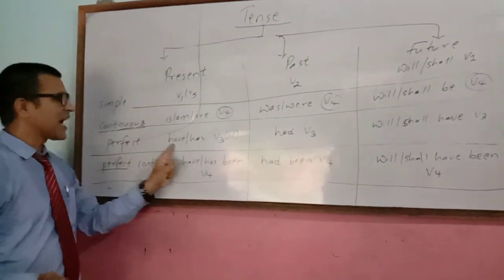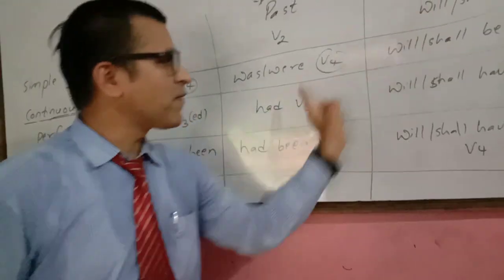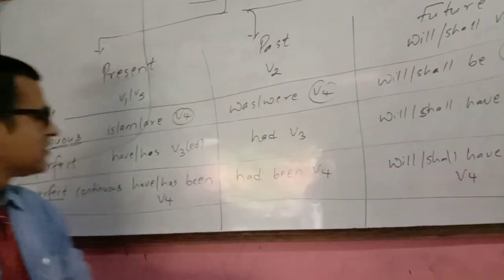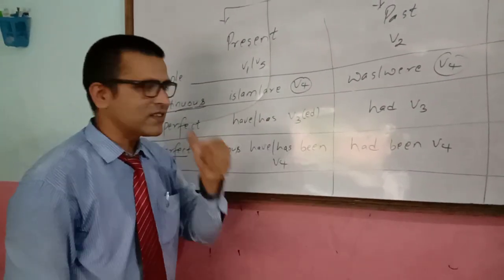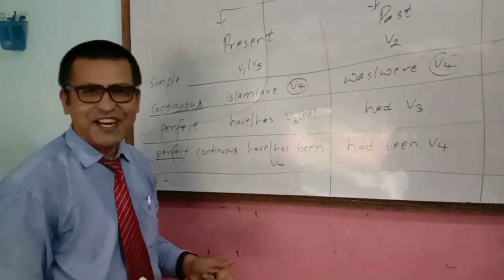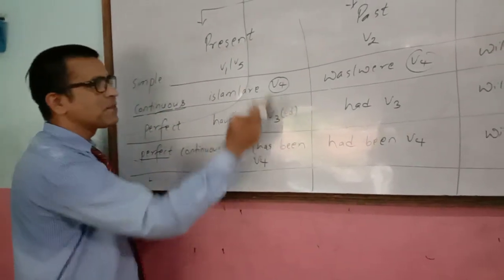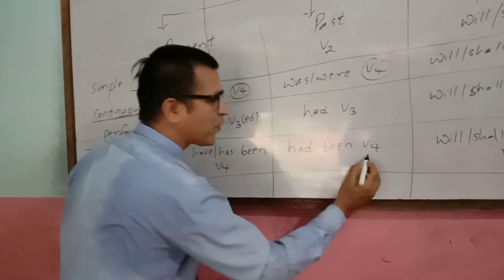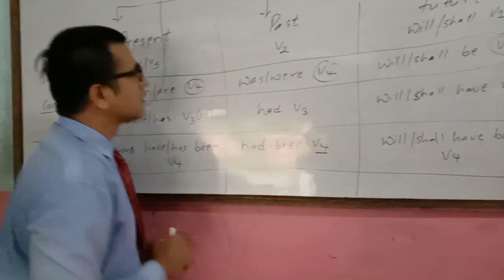Present perfect have, has V3, past perfect had V3, future perfect will, shall, have V3. If you learn it horizontally, then it will be easier for you to understand. Okay? Present perfect continuous have, has been V4, past perfect continuous had been V4, future perfect continuous will, shall, have been V4.